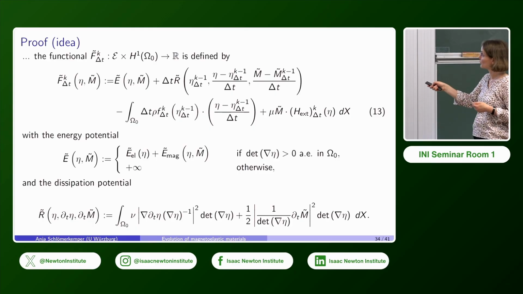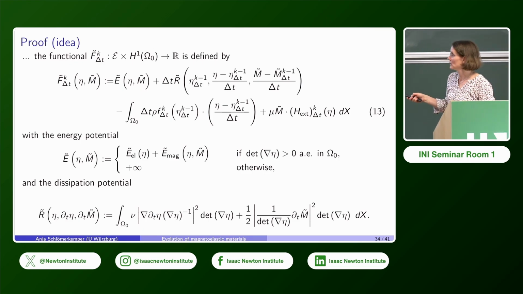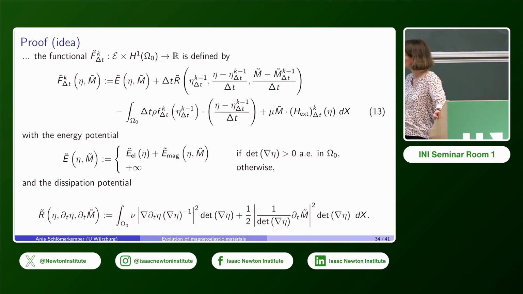Then we have here the expressions of the external forces, and also here. The energy potential is the elastic energy that I defined earlier, and the magnetic energy that I also defined earlier that comes from micromagnetics energy.